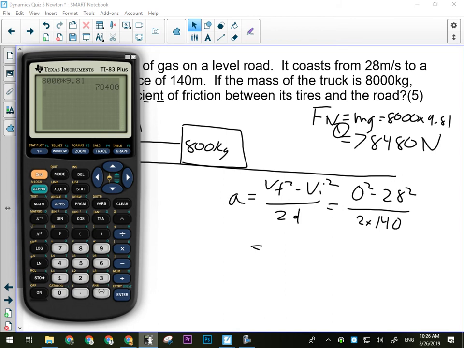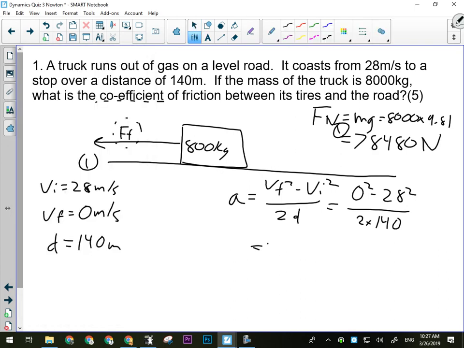So we will have 28 squared divided by 280. Okay, so it's going to be 2.8 meters per second squared, and that's going to be negative, because it's backwards. They don't have to have the negative on there at this point to get that mark, but they have to have 2.8 meters per second squared.